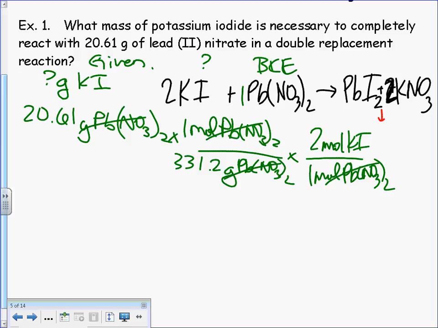I need to cancel out my moles of KI now by using what? The molar mass of KI, right. Because my question is grams of KI, I need to end with that on top. 1 mole of KI weighs 166.01 grams of KI.